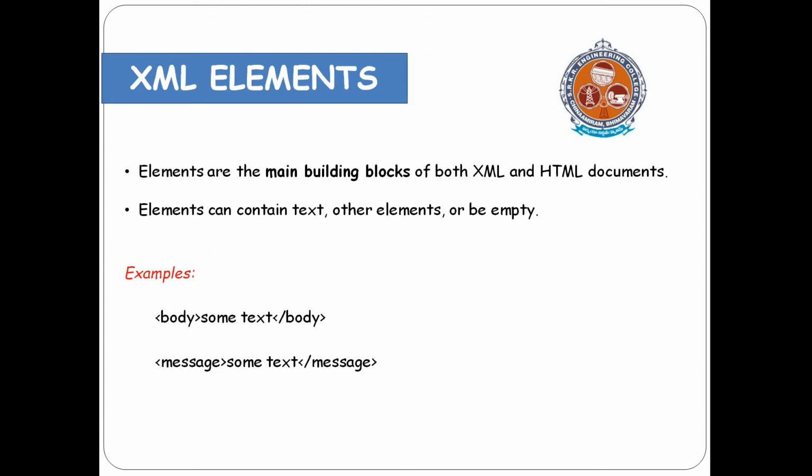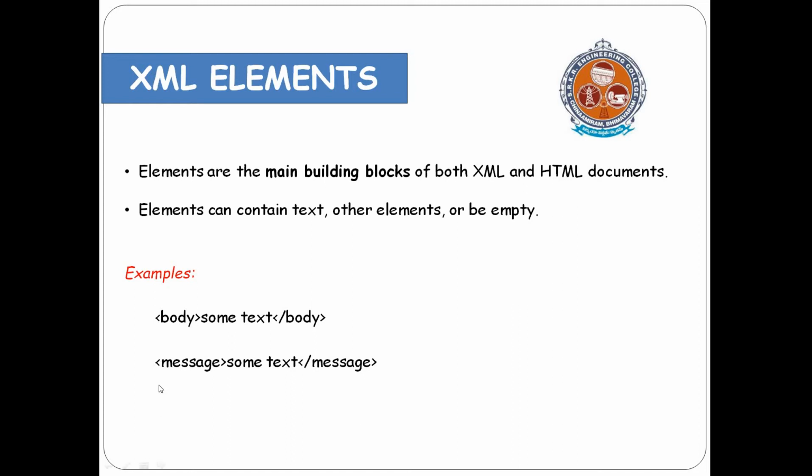So coming to elements, we already saw what an element is in HTML. In HTML and XML, the elements are similar, and these are the main building blocks of both XML and HTML documents. An element is everything from the starting tag to the closing tag. In HTML, if you want to see the body element, from the body start tag to the ending body tag, it is called an element.